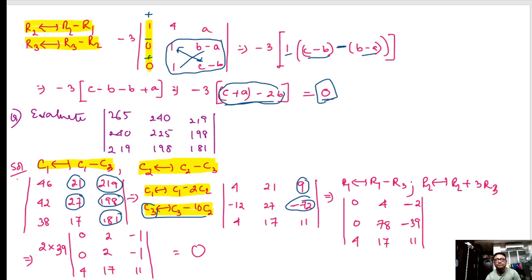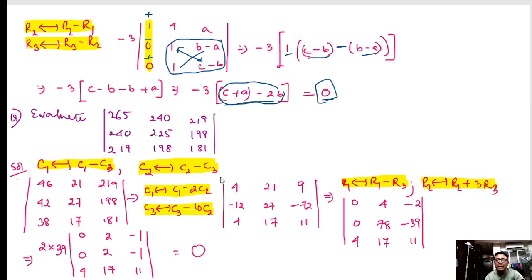And now we will see which format we can apply. Now we are applying this concept, R1 minus R3 in R1 and R2 plus 3R3 in R2. So let's see.